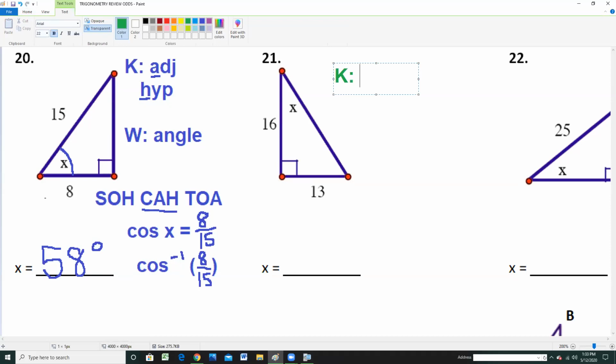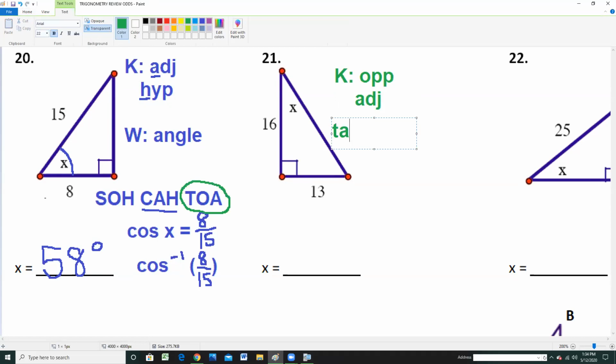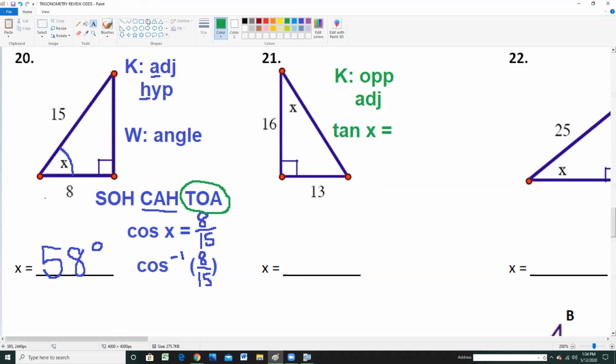On 21, we know the opposite and we know the adjacent, which is why I had to do a bonus problem. It's because we're doing tangent again. Tangent of x equals opposite over adjacent, which is 13/16. So now instead of doing the inverse thing with cosine, we're going to do the inverse thing with tangent.